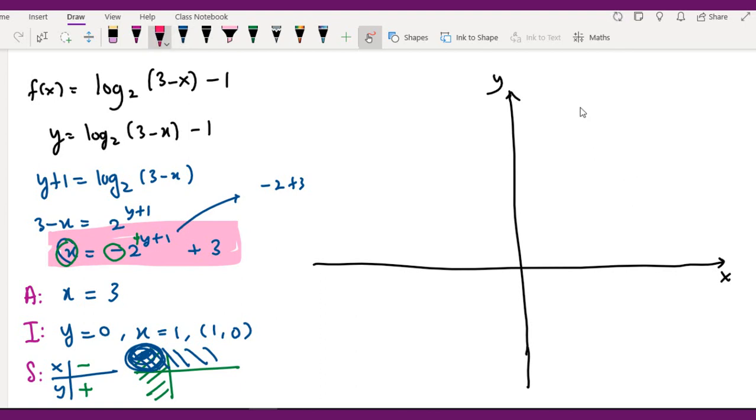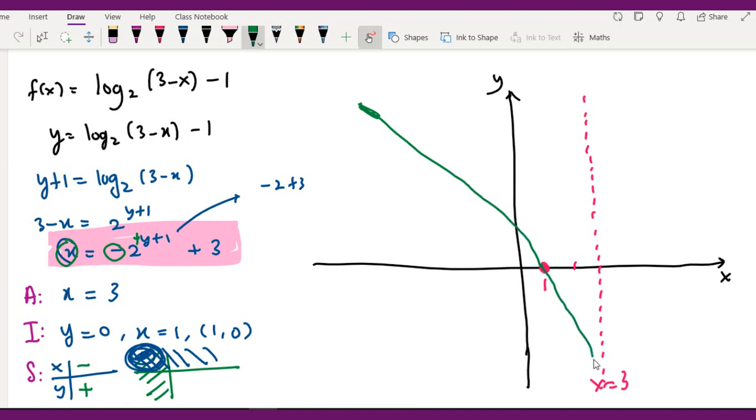Okay, sketch the graph. First is the vertical asymptote, x is equal to 3. Then the intercept point is (1, 0). This is 3, so 1 here. And then the graph starts in the second quadrant. Join the graph to the point and continue.